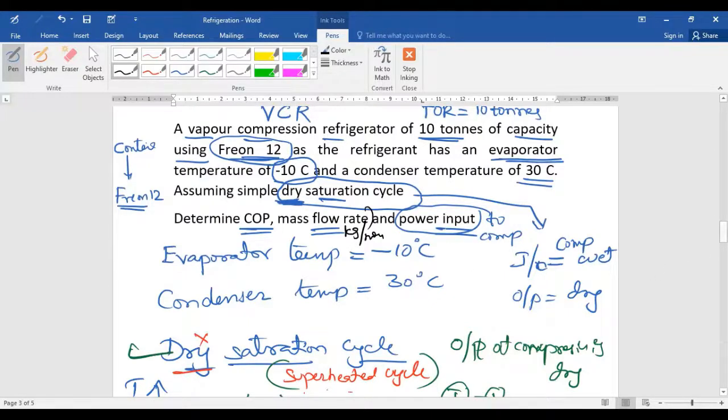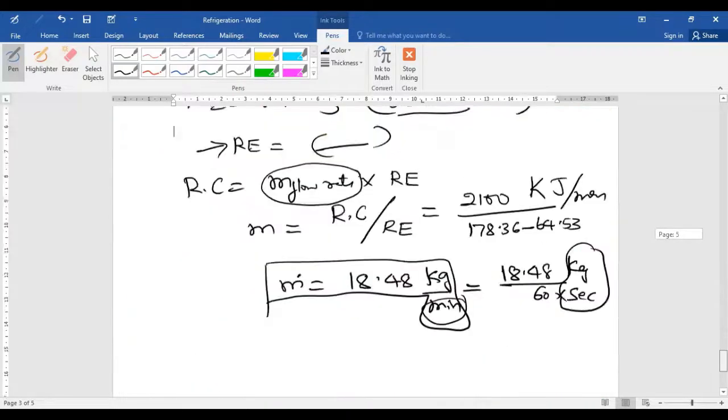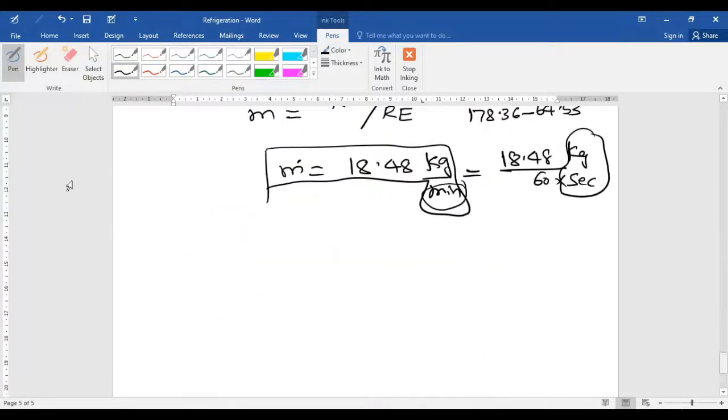Next, the last unknown, power input. The power input is also easy. It depends on all of these values that you have calculated. Power input is equal to mass flow rate multiplied by the work done on the compressor.